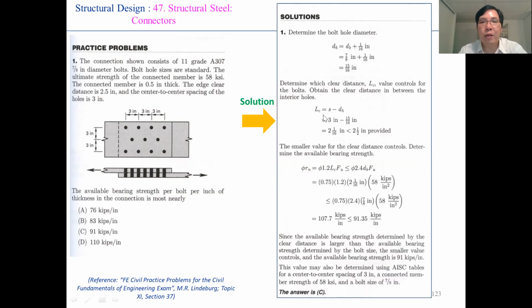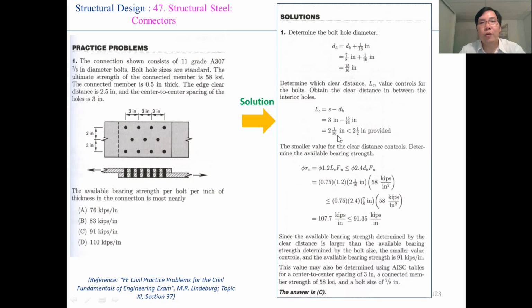And after that, you can determine the clear distance L_C value that controls for the bolt, and you can obtain the clear distance between the interior holes, L_C equal to S minus D sub H, and you can find the result.